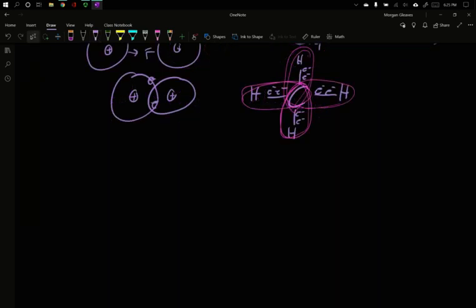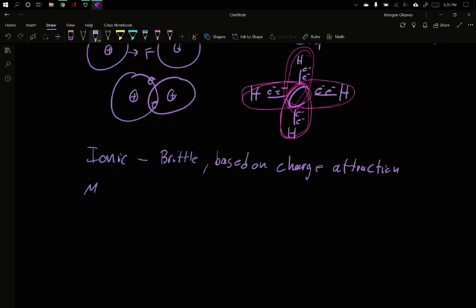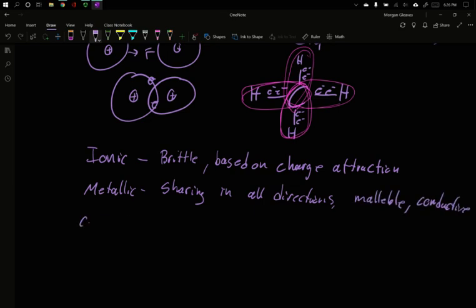So in conclusion for properties, ionic bonding is brittle and based on opposite charges. Metallic is sharing in all directions and tends to have properties like being malleable and conductive. And covalent is sharing between two atoms, and their properties are varied.